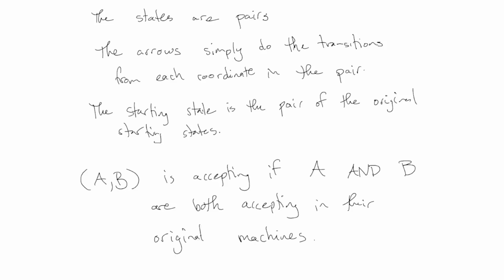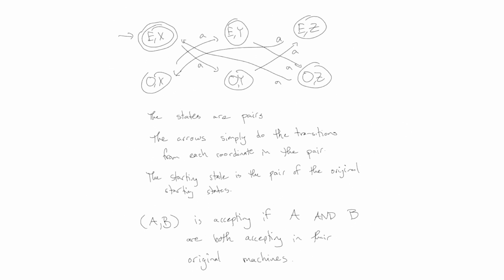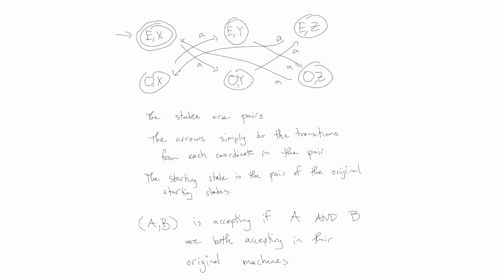This is how we do it, and this whole thing is called the product construction because you are making pairs of states from the original two machines. All right, and it's not so difficult to do once you know what you're doing.